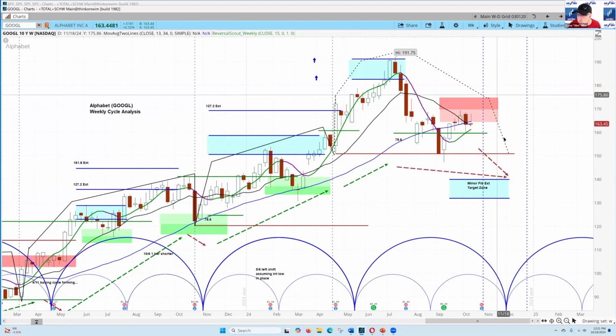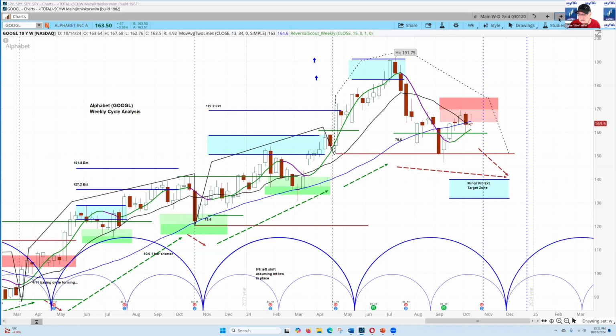So that's the reason why we have the projection to the downside, even though we have stronger momentum. And also we have conditions such that they're not as good on the shorter term. And that's why the MCM is giving us the readings that it is, the trade condition is bearish.